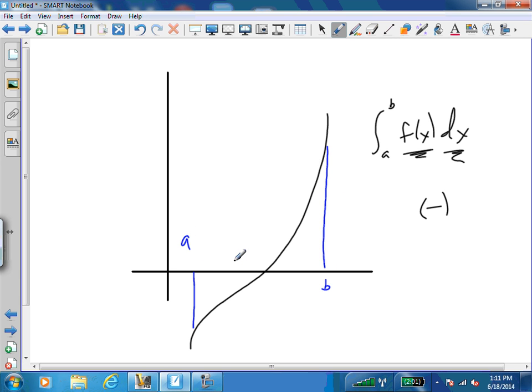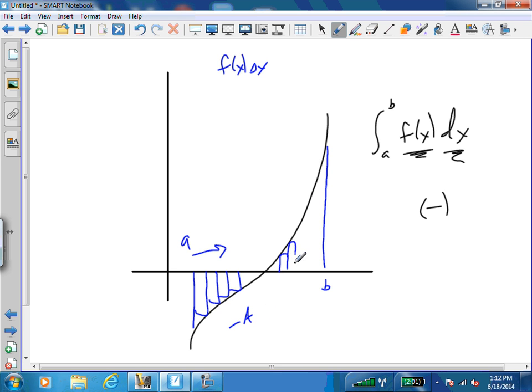Because if we did that integral, since what that integral really represents is the accumulation of our f of x delta x's as we go from A to B, some of those rectangles are going to be negative areas.